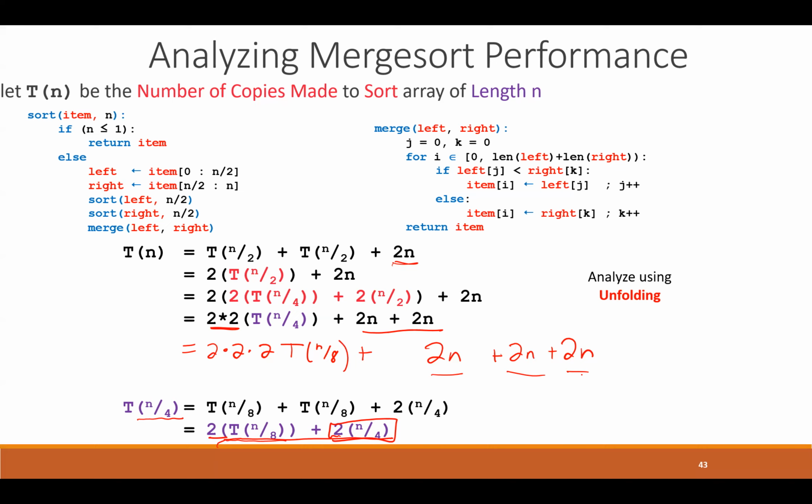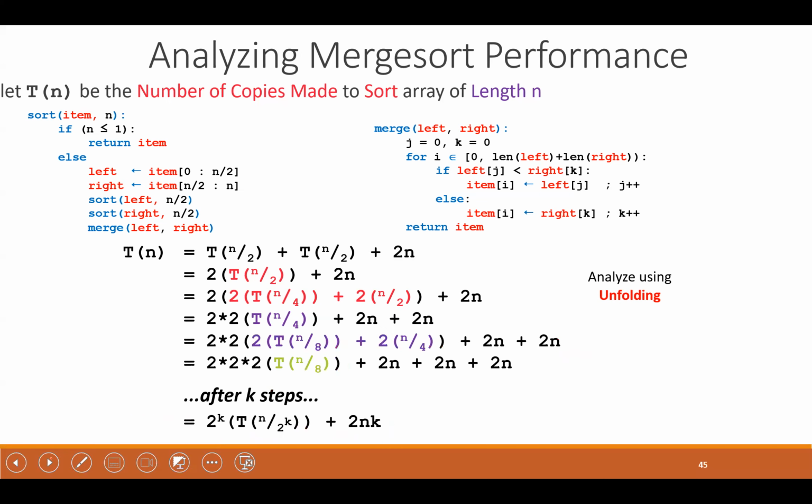All right, so that's a good question. What we're trying to do is recognize the pattern. Once we think we found the pattern, we can jump to the end, right? So what we're going to do at this point is assume my recursion is over after k steps. And then I'm going to solve for k.